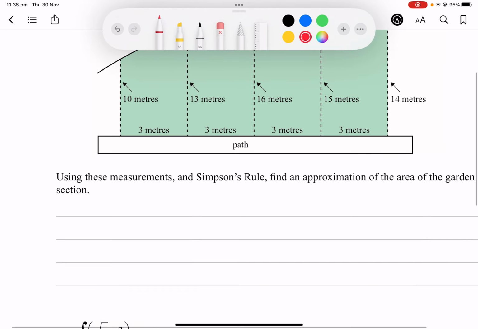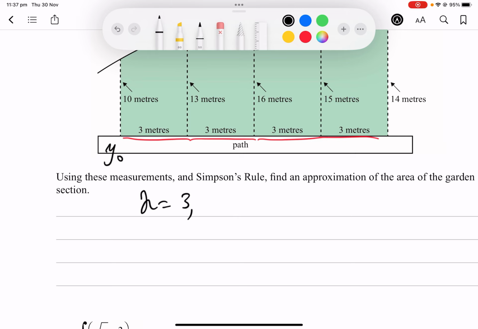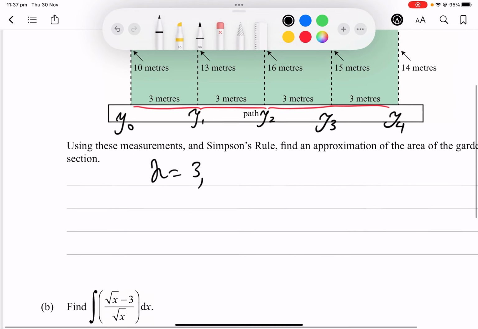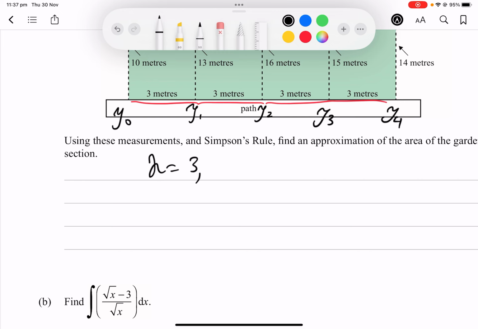In this case, for each of these trapeziums, we can look at the height, which is 3 meters. So h equals 3, and now we have to consider each of these respective heights. So we can consider y0, y1, y2, y3, and y4. It's all about chugging it into the equation.